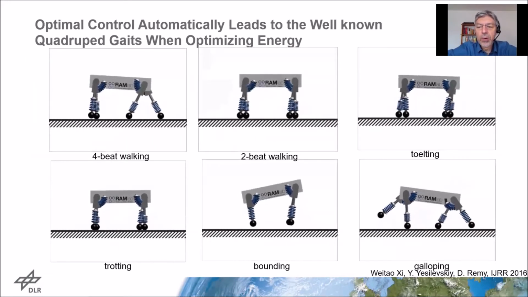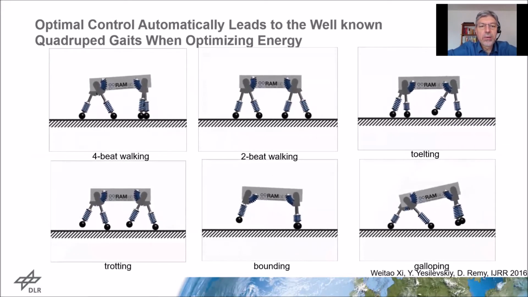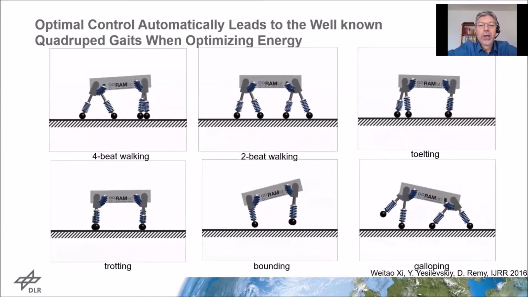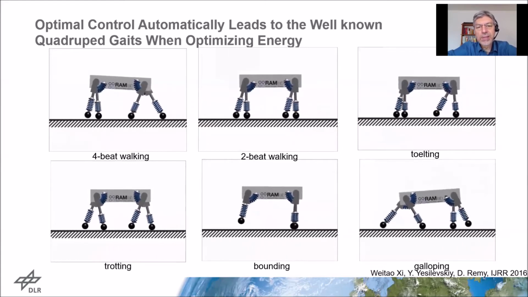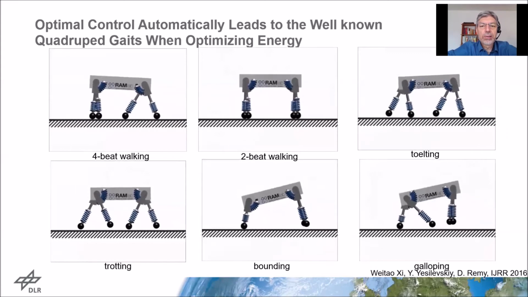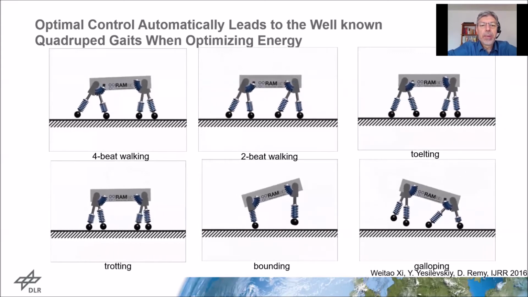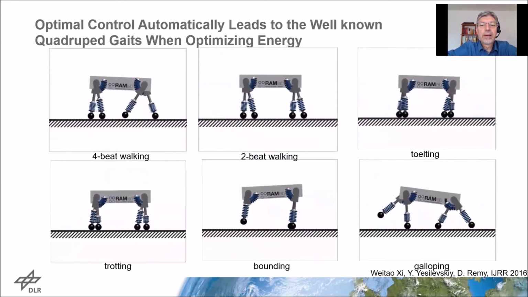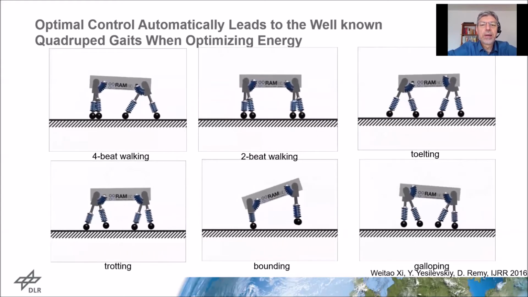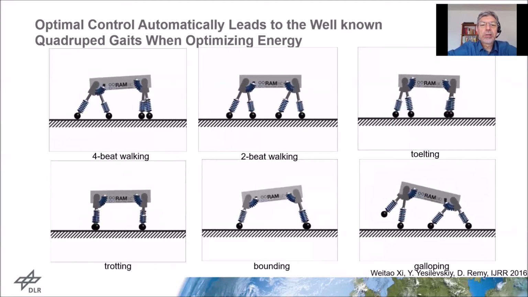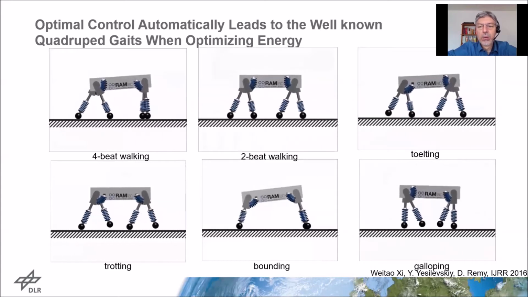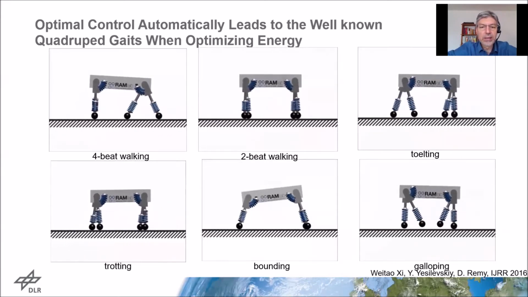And there is a beautiful work of David Remy and his co-workers who simulated a purely passive model of a quadruped system. Of course, it's simplified because it makes some assumptions of zero loss at the impact with the ground, but they have shown that just giving appropriate initial conditions to the system, you can recover by an optimization process all the standard gaits of, for example, horses like walking, trotting, galloping, bounding, and so on.